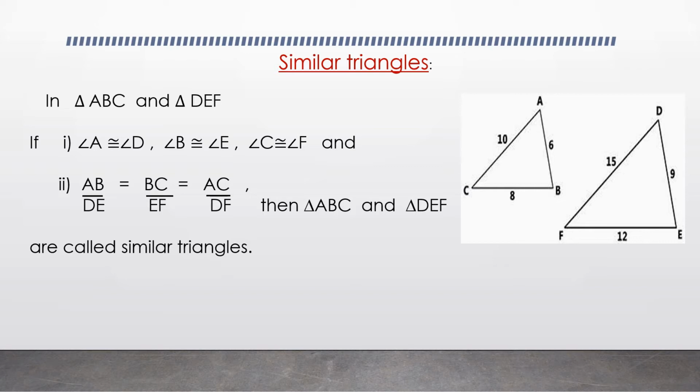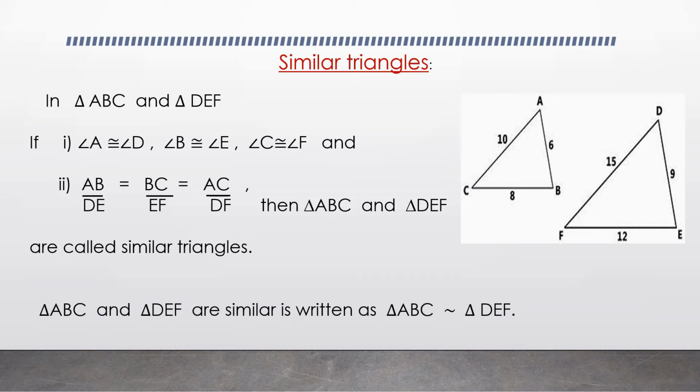And angle A is congruent to angle D, angle B is congruent to angle E, and angle C is congruent to angle F. Therefore, triangle ABC and triangle DEF are similar triangles. That triangle ABC and triangle DEF are similar is written as triangle ABC similar to triangle DEF.